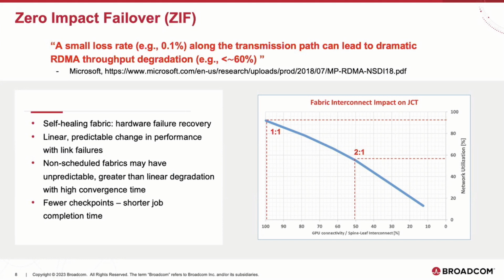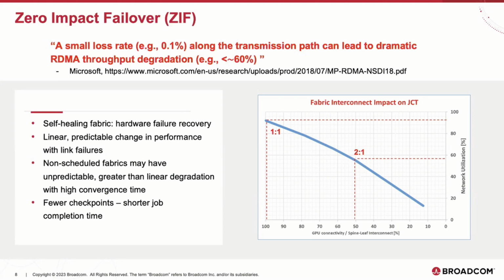When we do the test, we run all-to-all or reduce traffic, and we disconnect the connectivity to the fabric one by one. As you can see, at the moment we disconnect half of the bandwidth to the fabric, we create a 2-to-1 oversubscription, and the job completion time is only impacted linearly by 50%.